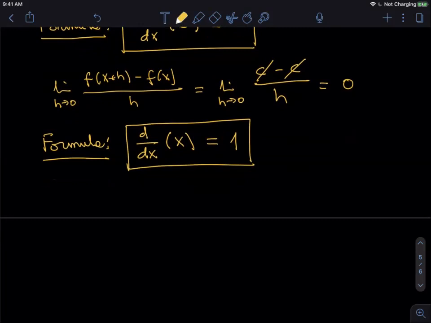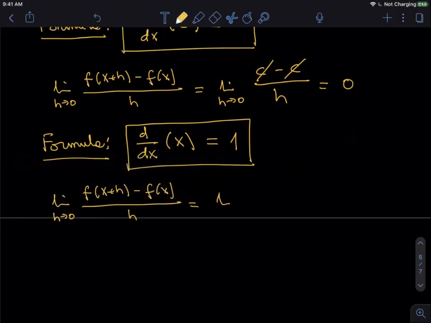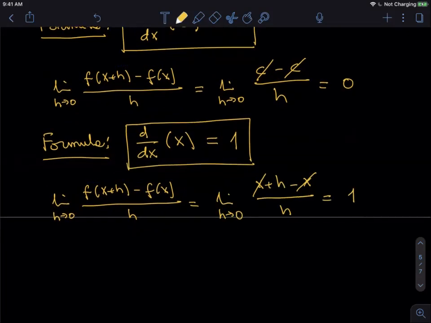Okay, but if we do the definition, this is very simple. Limit as h tends to 0, x plus h minus x divided by h. So h over h is 1. So this is equal to 1.